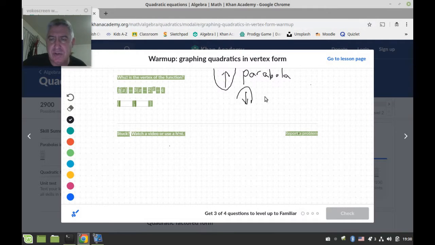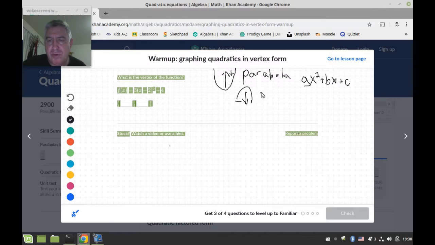If we write the parabola quadratic here in standard form, it's going to look like ax squared plus bx plus c. If a is positive, it's going to go up. If a is negative, it's going to go down.